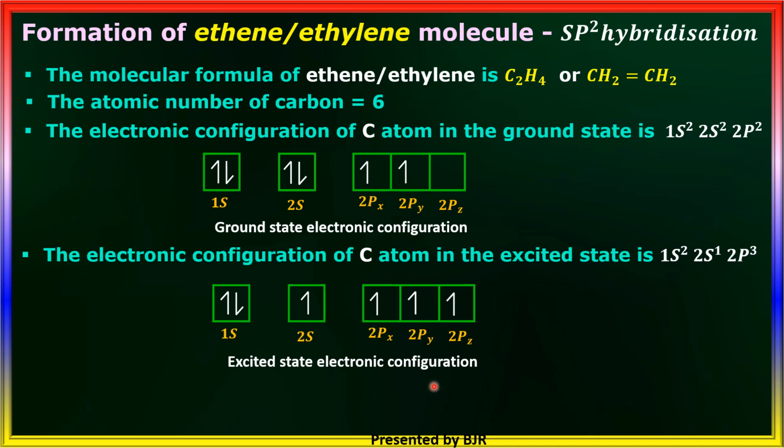Now this one is the excited state electronic configuration of the carbon atom, and we have 4 unpaired electrons in carbon atom in its outermost orbit. Okay, so the second orbit is the outermost orbit, and there are 4 unpaired electrons in the outermost orbit in the excited state.